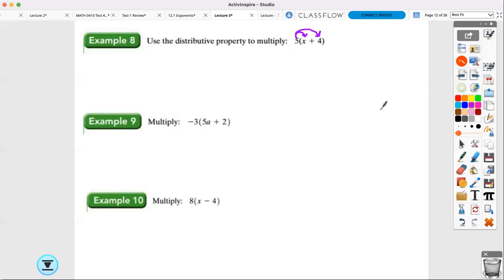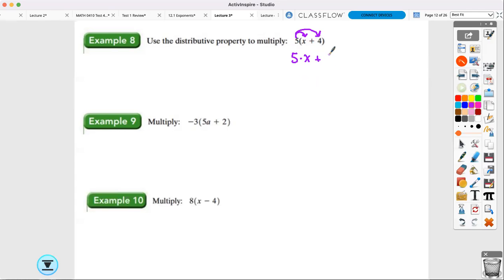Because distribution says, when applying the property, we're gonna multiply the number outside the parentheses to everything inside the parentheses. So for example 8, we're gonna multiply 5 times the x, and then there's a plus sign there, right?